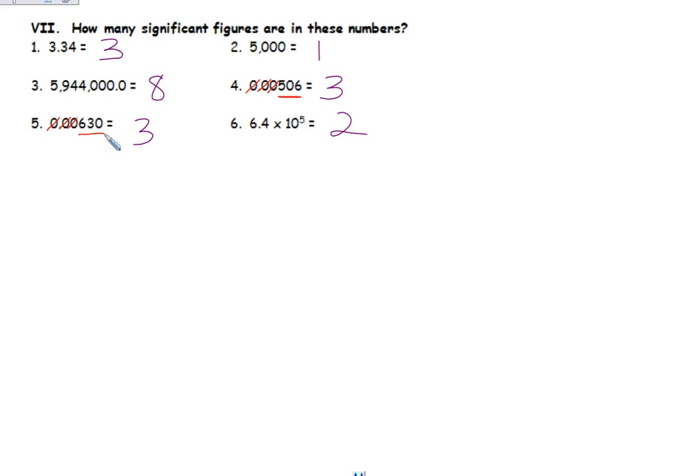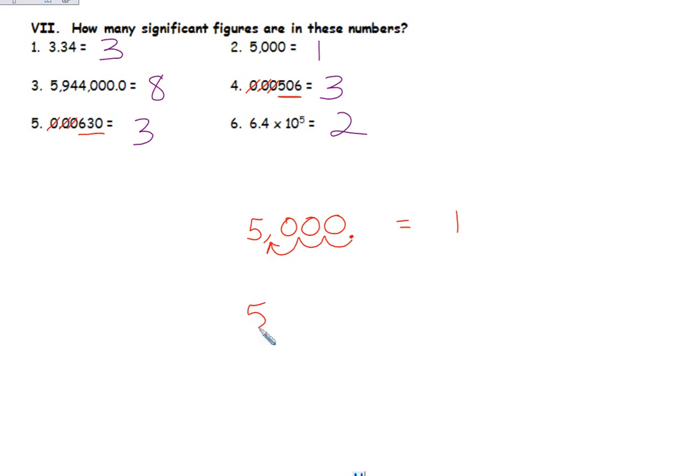For example, let's say you had 5,000, kind of like number 2. If you read this as 5,000 with no decimal spot, we said, yeah, 1 sig fig. Another option would be to put this into scientific notation. And so we could just add a decimal at the end and go 1, 2, 3.